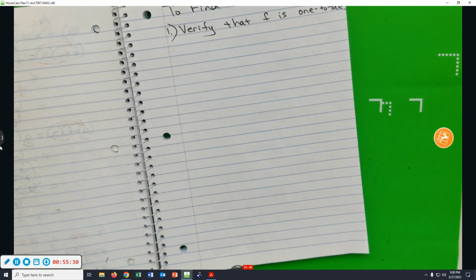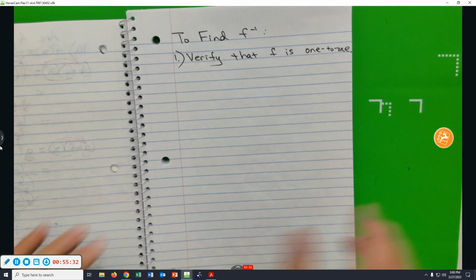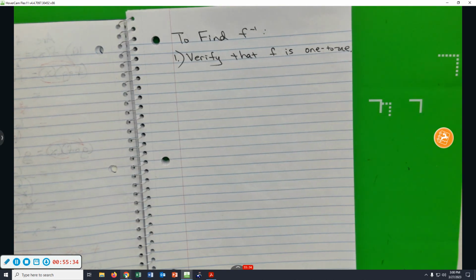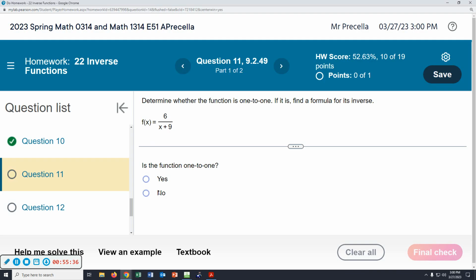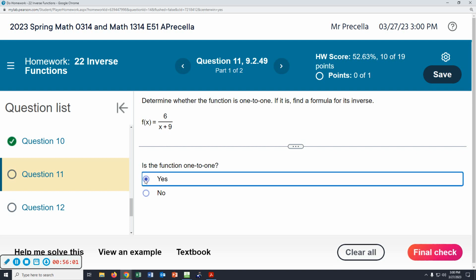I think we can look at this problem we're about to do and convince ourselves. Is that one-to-one? Yes. If that weren't an x, if that were x squared, would it be one-to-one? No, it doesn't matter if you put in a positive 1 or a negative 1, you're going to get the same y value. But I see there are no even exponents, there are no absolute values. So yes, this function is one-to-one.